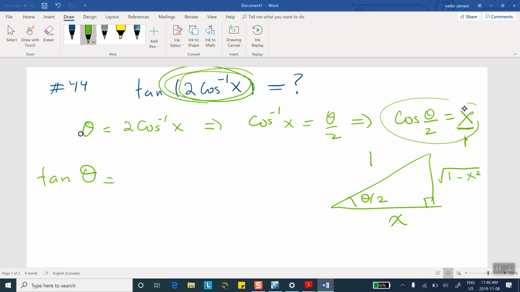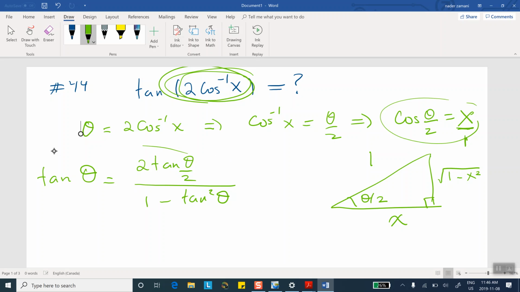So this is going to be 2 tangent of theta over 2, divided by 1 minus tangent squared of theta over 2.